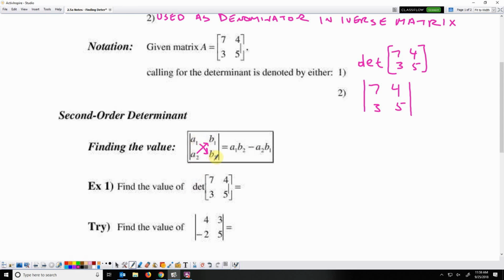That first diagonal product is positive, the second diagonal product is negative. So we'll find the determinant of this matrix. We've got 7 times 5, and that's the positive one, the main diagonal. Then the secondary diagonal will be negative 3 times 4. So that's 35 minus 12, which is 23.